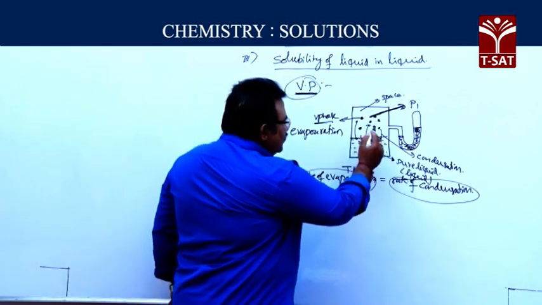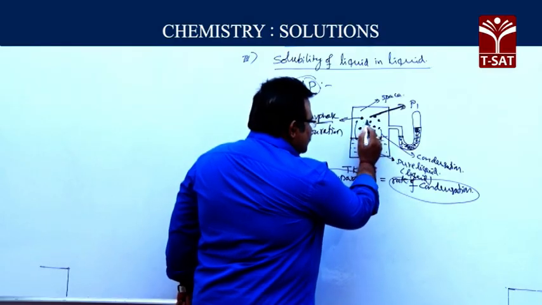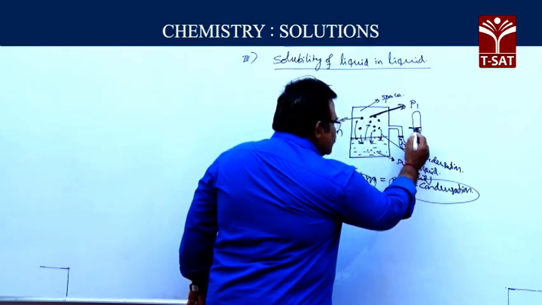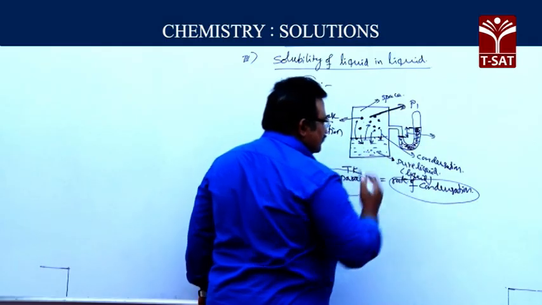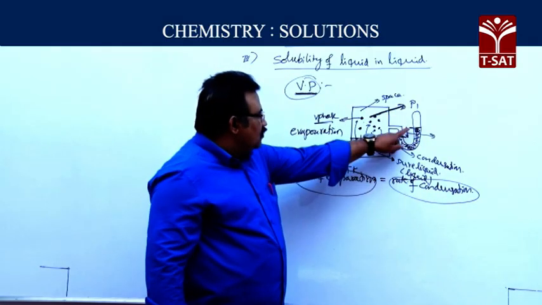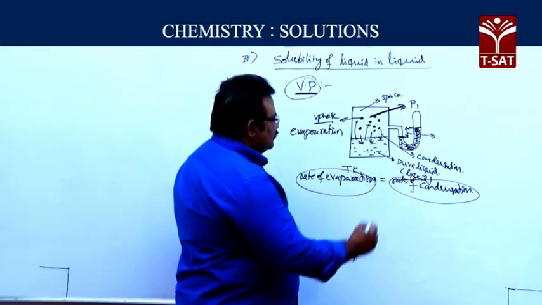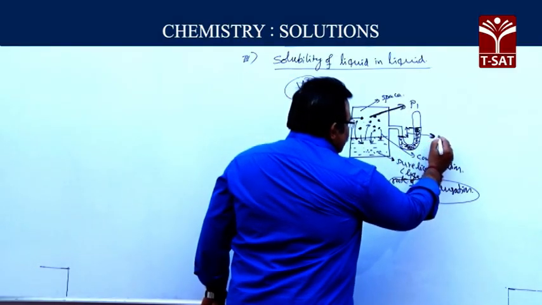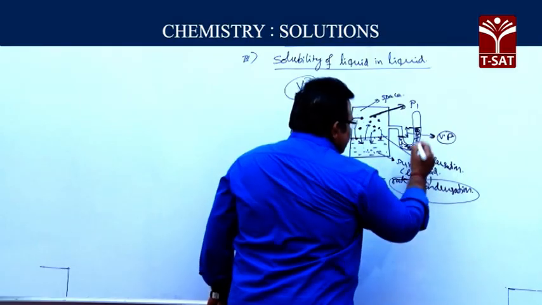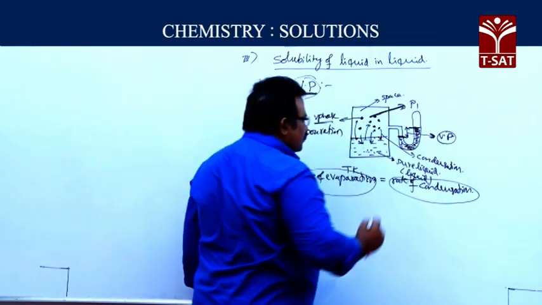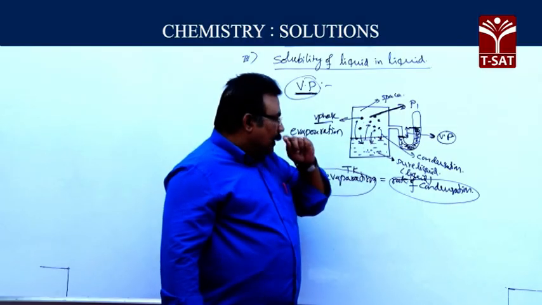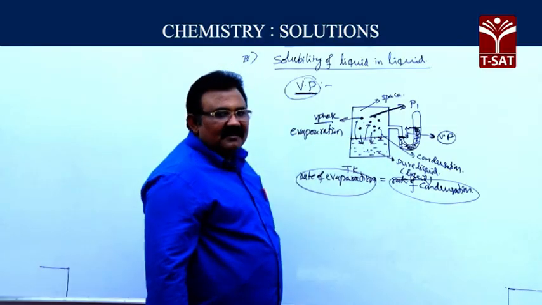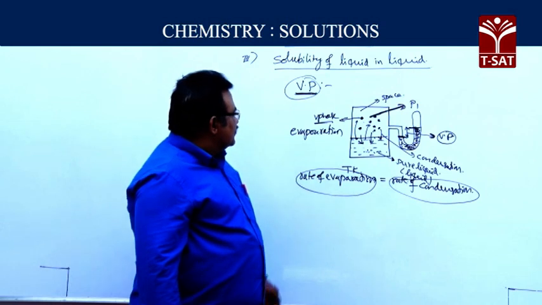So, the pressure of this gaseous phase is nothing but the difference between the two levels of mercury. This is the vapor pressure. The difference between the two levels gives the vapor pressure of the liquid in the gaseous phase.